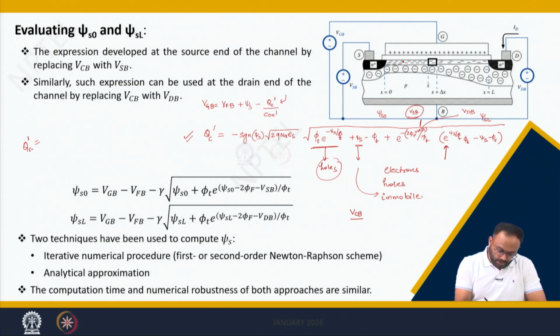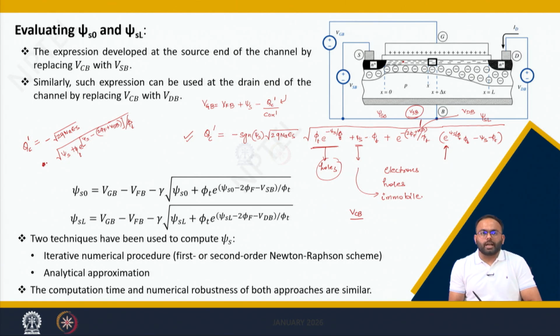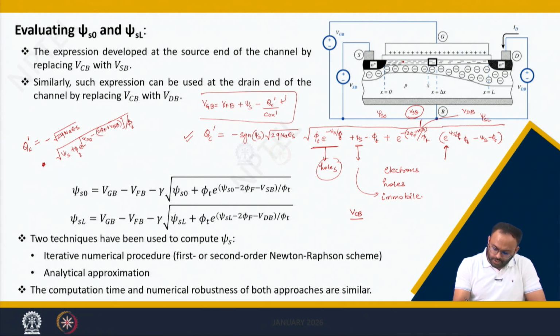So, ultimately QC dash can be written as minus square root of 2 into q into Na into epsilon S into psi S plus e to the power of psi S minus 2 phi f plus VSB over phi t into phi t, where if I want to rewrite the expression in terms of psi S0, I will put psi S0 here and I will put this equation of QC dash here.